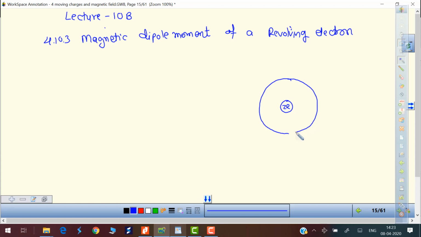This atomic model was proposed by Niels Bohr around 1911. And this is a stepping stone toward the new mechanics called quantum mechanics. So the concept is totally changed. Quantum, just additional information I gave you.